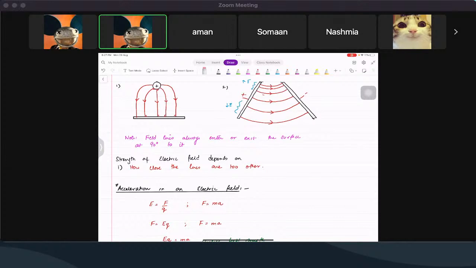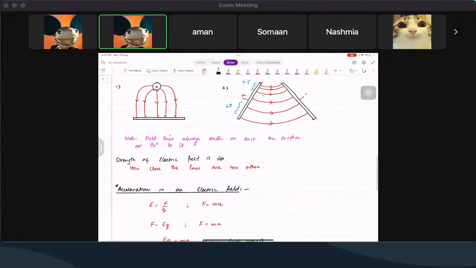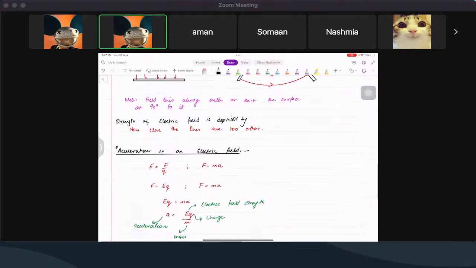I should have written it. I wanted to write another thing, but I thought maybe I'll do it again in the next part. Strength of magnetic field is depicted by. Let's write this, okay? It depends on one more thing actually too.